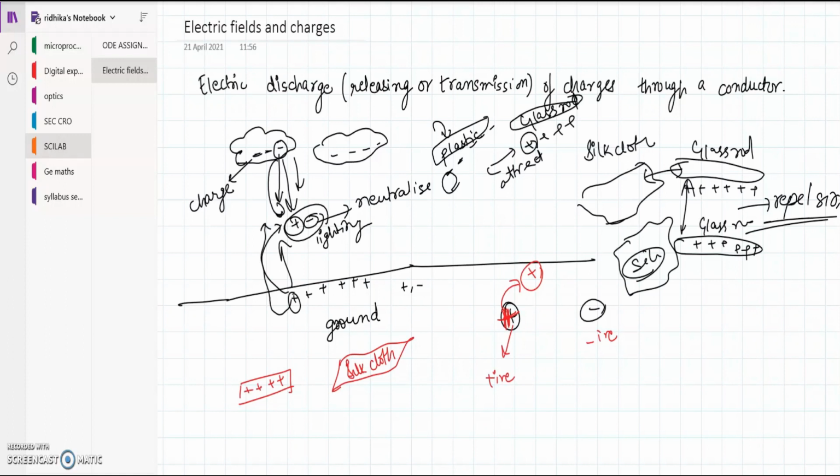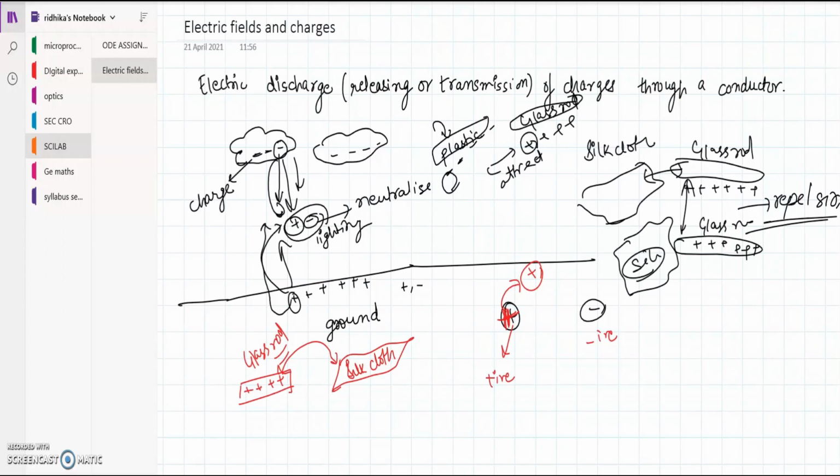See, understand this thing. When we rub a silk cloth with a glass rod, initially the glass rod has no charge. On rubbing, when they are in contact, the silk cloth actually gives some charge to the glass rod.